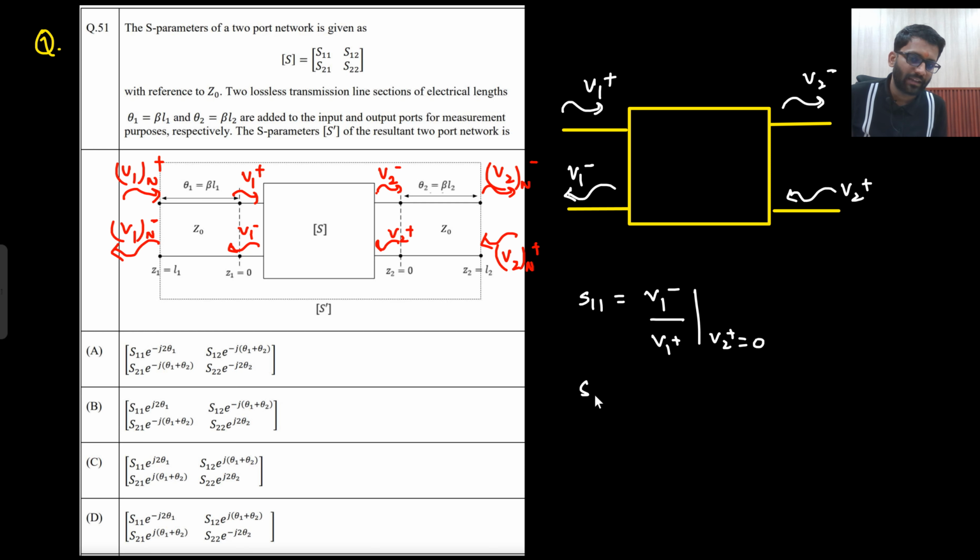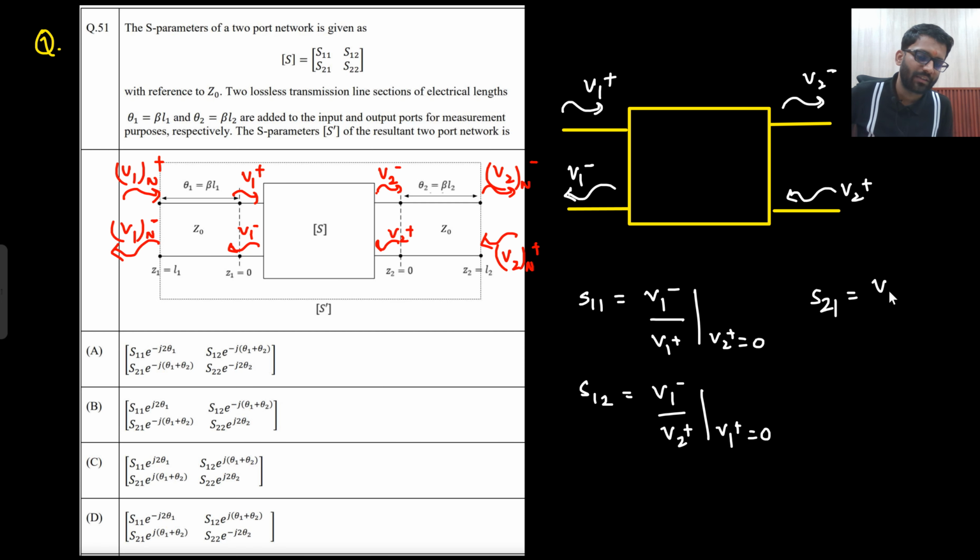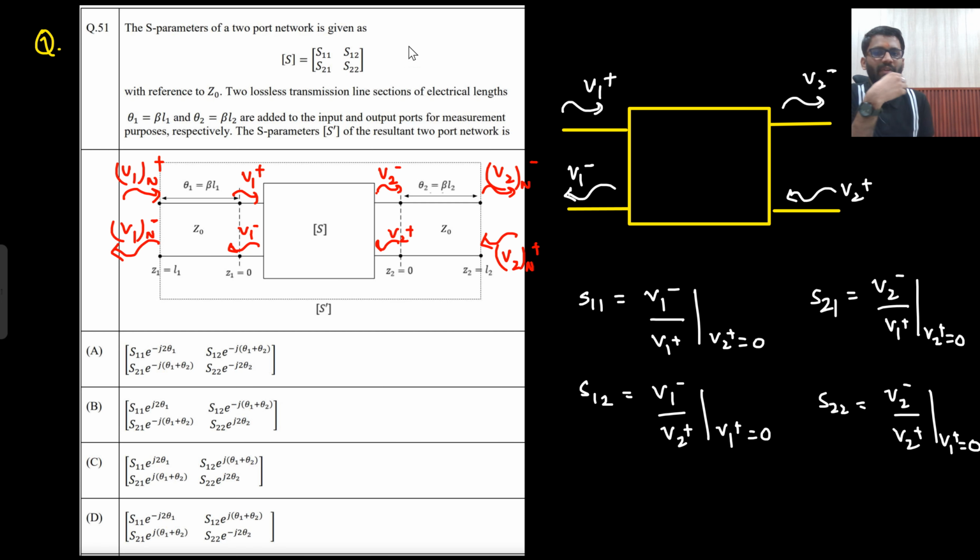S12 is V1 minus divided by V2 plus when V1 plus is 0. S21 is V2 minus divided by V1 plus when V2 plus is 0. And S22 is V2 minus divided by V2 plus when V1 plus is 0. S11, S12, S21, S22 we already know.